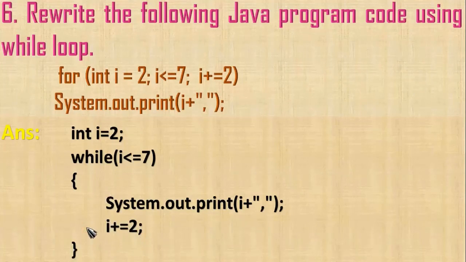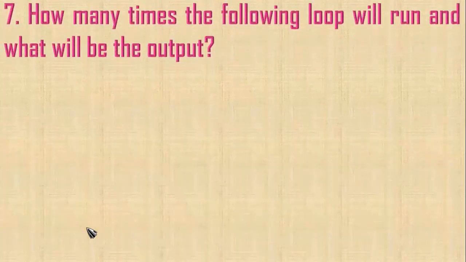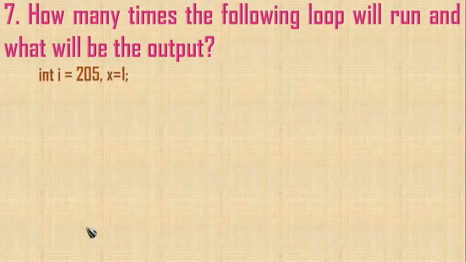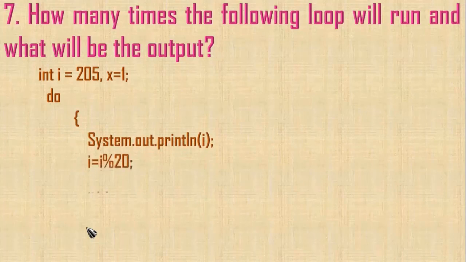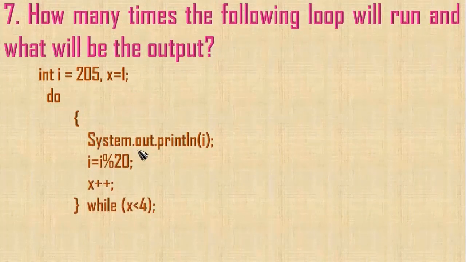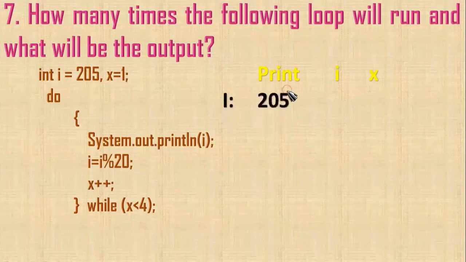Next question, how many times will the following loop run and what will be the output. i = 205 and then x = 1. Do, so it is a do while loop. So without any condition it will enter inside the body of that loop. So it will print i, that is 205 it will print.